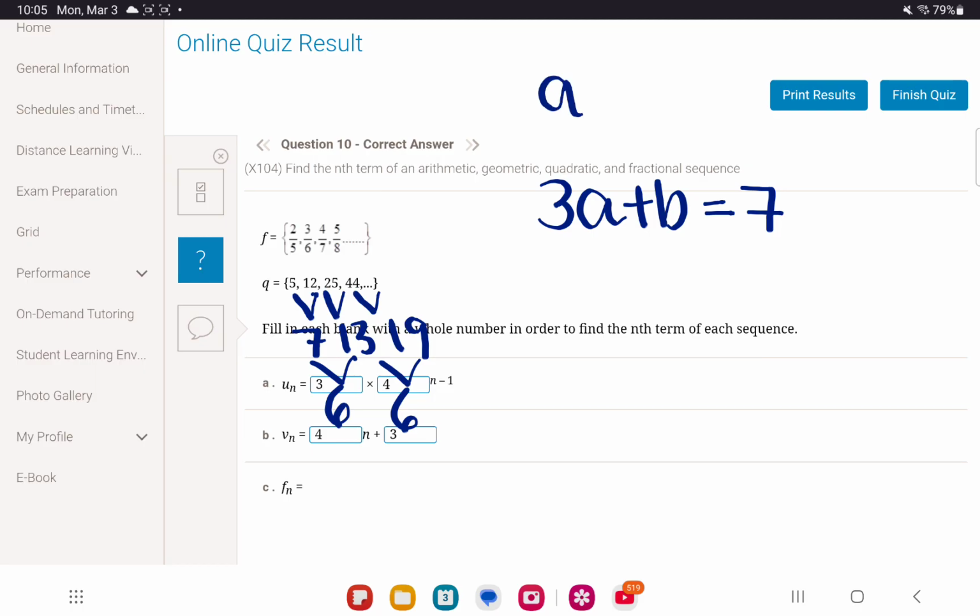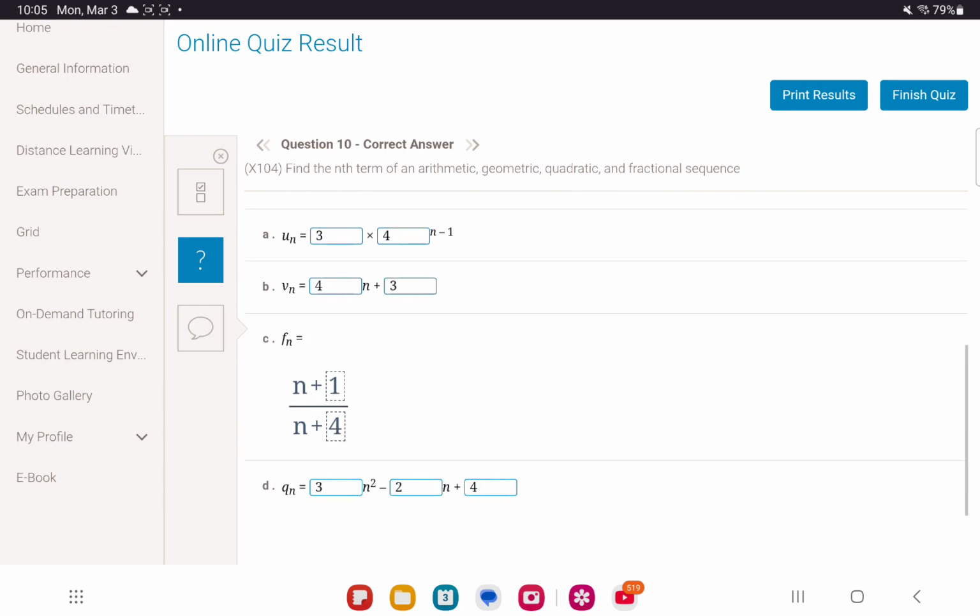We already found a, which is 3, so 3 times 3 is 9. Plus b equals 7. Take 9 to the other side, b equals minus 2. And then we fill in b.